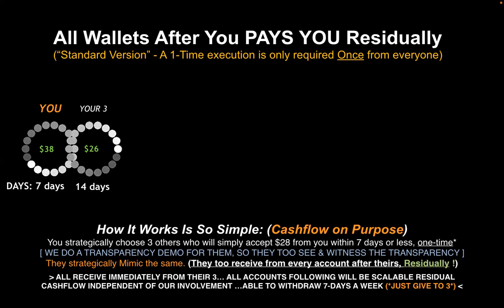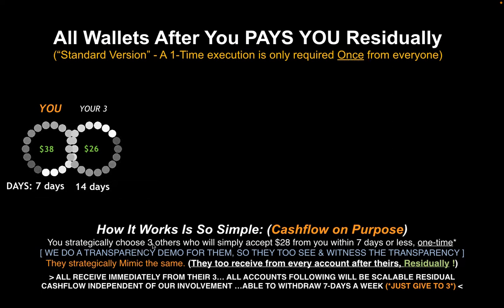Now, watch this. Remember, everybody's doing it one time. That's what makes it doable and duplicatable, because no one is required to do this more than once, which is why I underline that. A one-time execution is only required once.